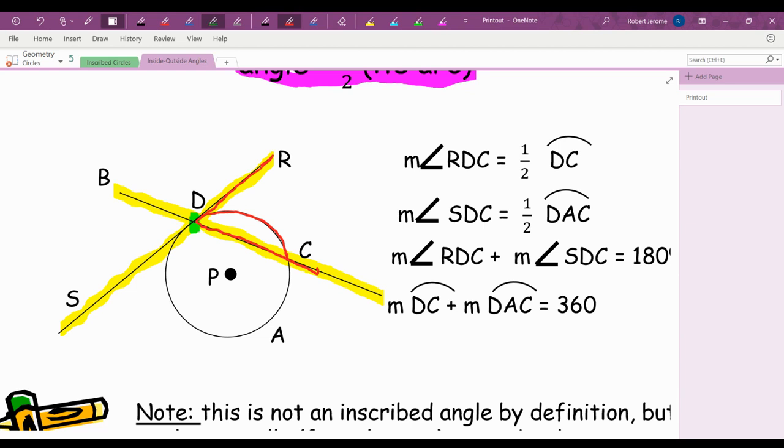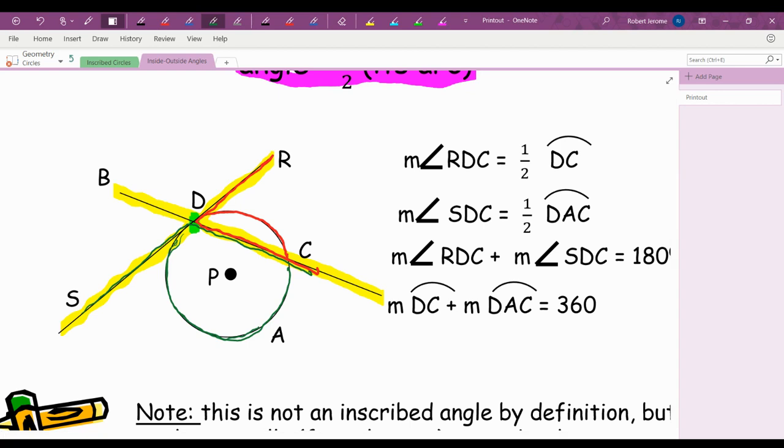We can flip it around and look at it from the other side too. Angle SDC and its arc. So the green angle, angle SDC, is equal to half of the green arc, arc DAC.